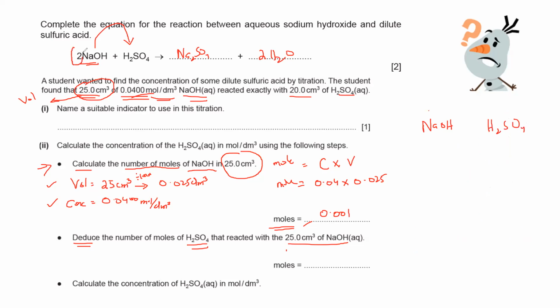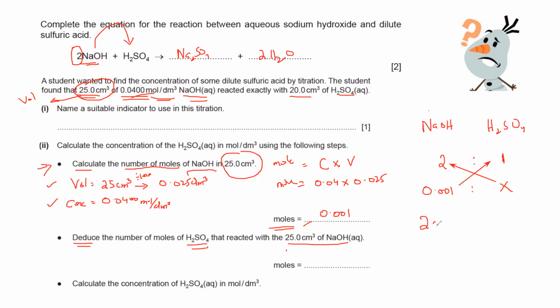If there are 2 moles of sodium hydroxide, there should be 1 mole of sulfuric acid. But in the question, how many moles of sodium hydroxide are there? We have 0.001 moles. So how many moles of sulfuric acid will be there? x. So we cross multiply: 2 multiplied with x and 0.001 multiplied with 1.